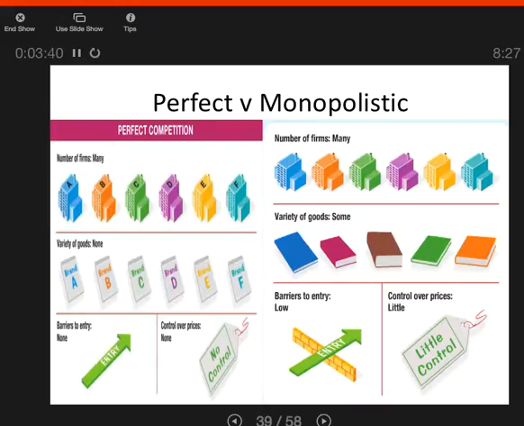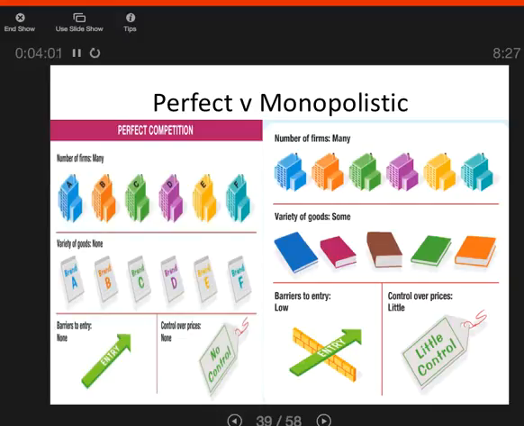If we do a side-by-side comparison of the two, we'd find that perfect competition and monopolistic competition are quite similar when it comes to this. The big difference is that the variety of goods is some, unlike perfect competition where apples and oranges are identical.